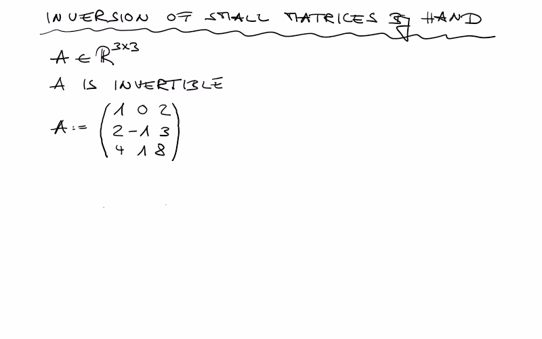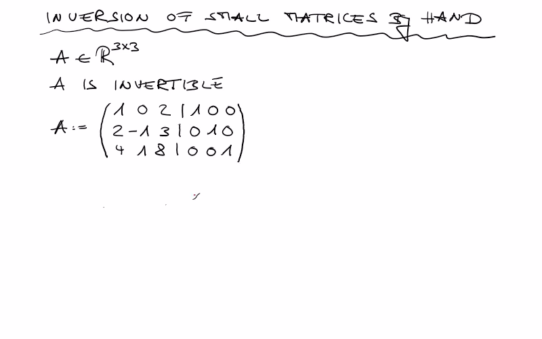What we are allowed to do in this game is to use 3 kinds of operations on A, and at the same time on a matrix that we write next to it. And if we then manage to get with these operations the matrix A into a specific form, then on the right, where we apply the same rules, we have the inverse. It's magic, because we don't discuss why it works, but still it works, and we will see that it works.